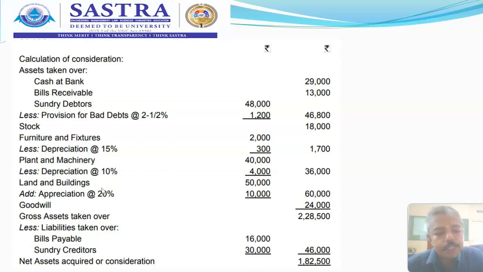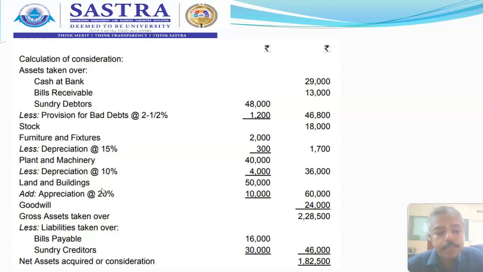Next is furniture and fittings. We have 2,000 rupees and depreciate at 15%. Out of 2,000, 15% comes to rupees 300. So the realizable value of furniture and fixtures comes to 1,700.